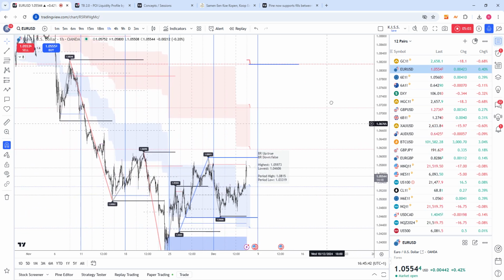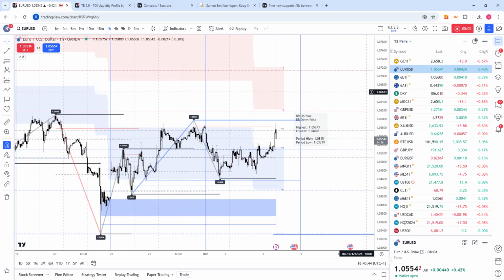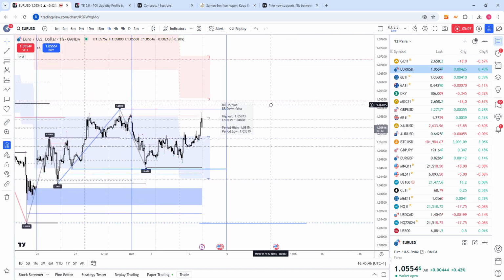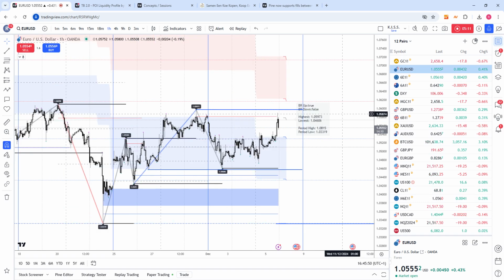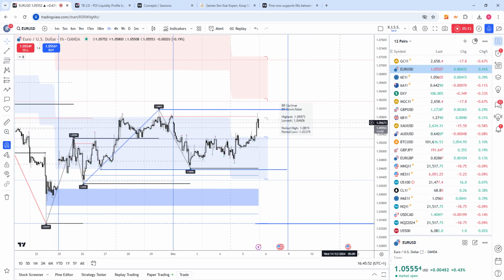So on the H1 we are at a very bad level, which is the consequent encroachment, whatever you want to call it, the 50%.